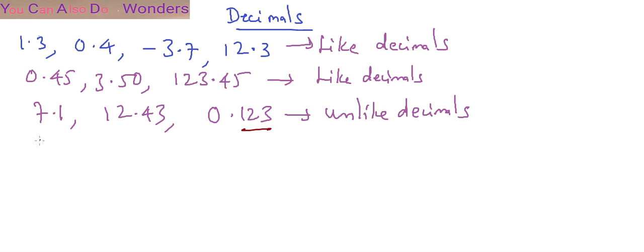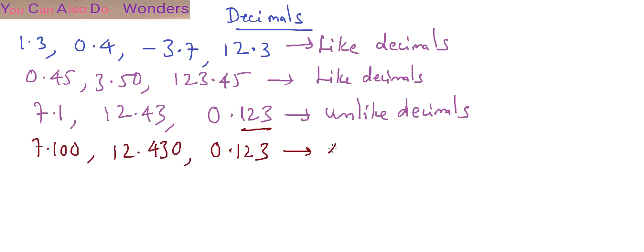So 7.1 can be written as 7.100, 12.43 can be written as 12.430, and this as it is because it has 3 decimal places. So now all 3 have the same decimal places. So they have become like decimals.